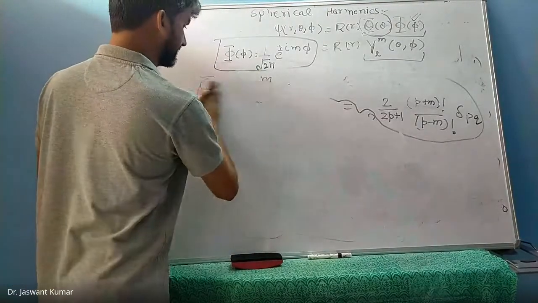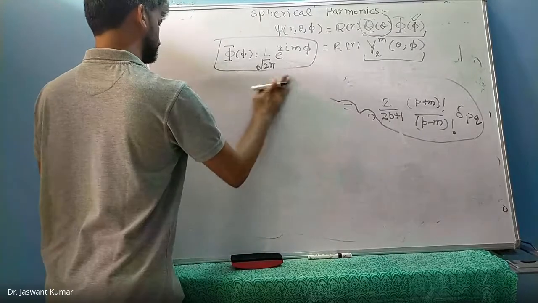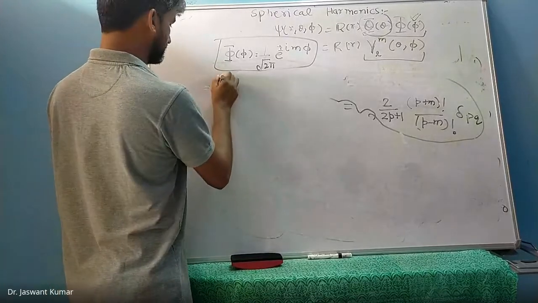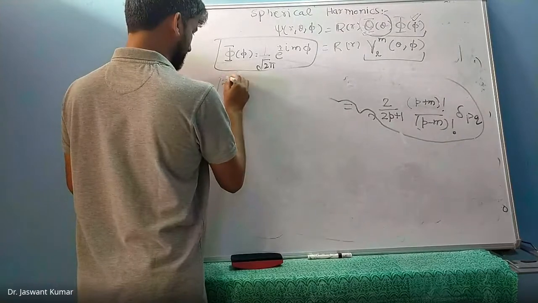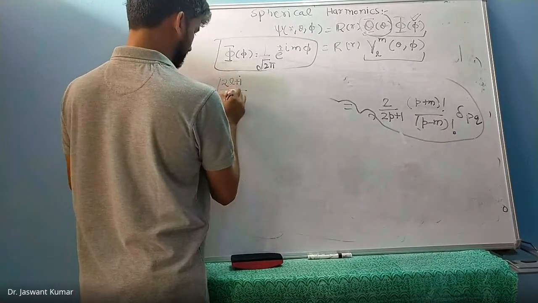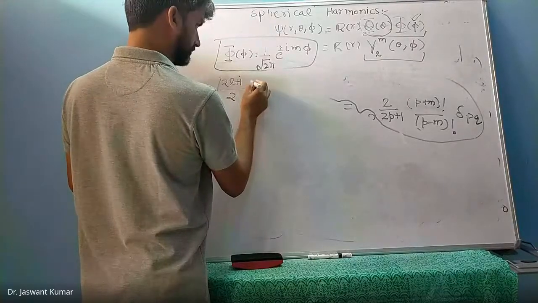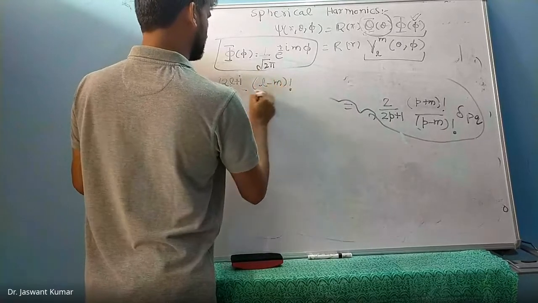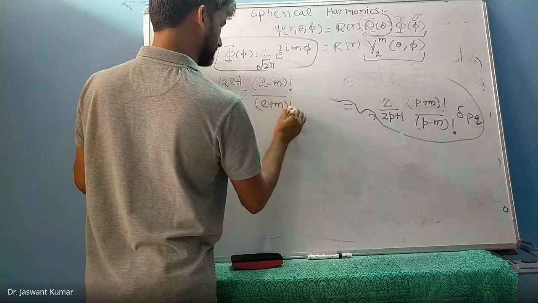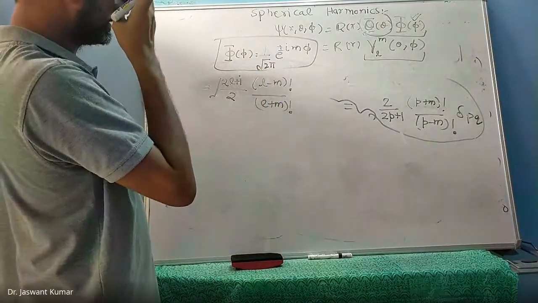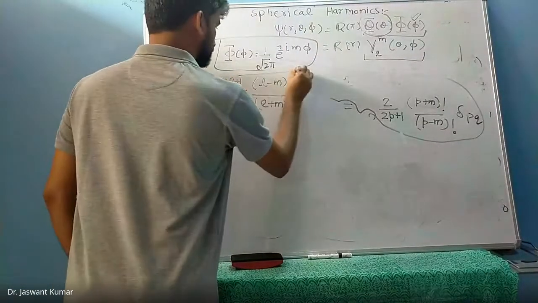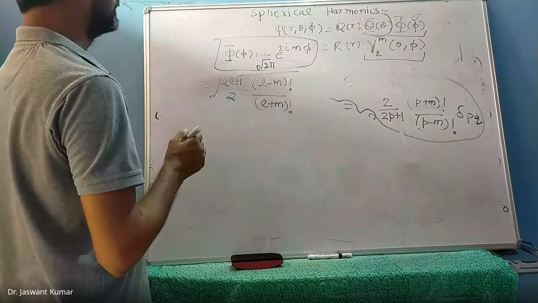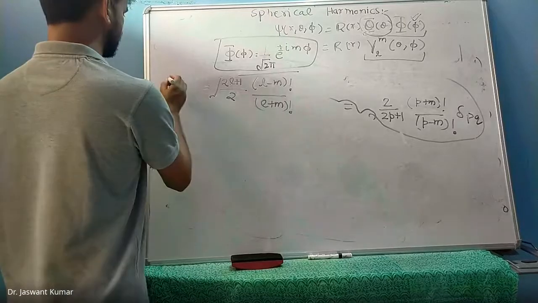And this constant of proportionality can be written as the square root of (2L plus 1) by 2 times (L minus M) factorial by (L plus M) factorial, and then that's it.